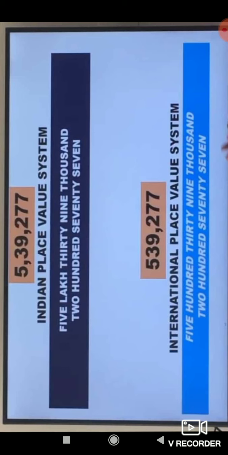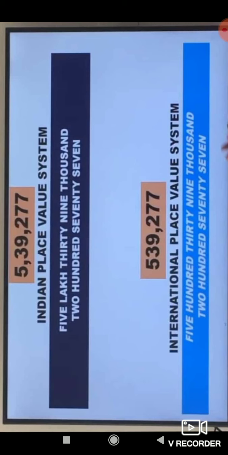Here, from the right part, the first 3 digits form a group and then every 2 digits form a group. So it can be written as 5,39,277.